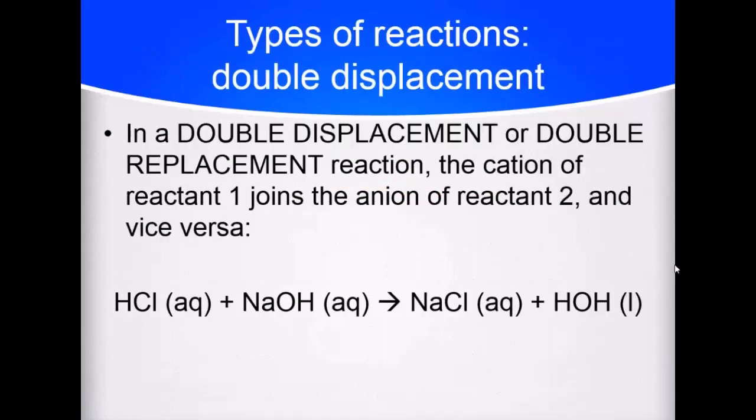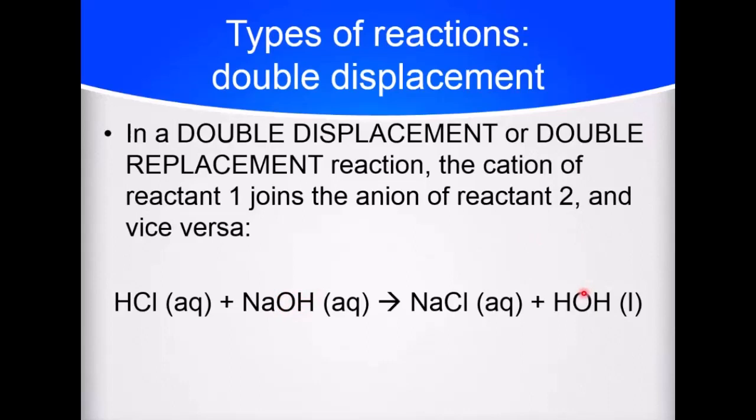In a double displacement or double replacement reaction, it's kind of like what we saw with the single replacement reaction earlier, but we do halves of both molecules. So we saw this reaction earlier, but I have rewritten water here as HOH instead of H2O. So we take the H cation of HCl with the OH anion of NaOH and make HOH.